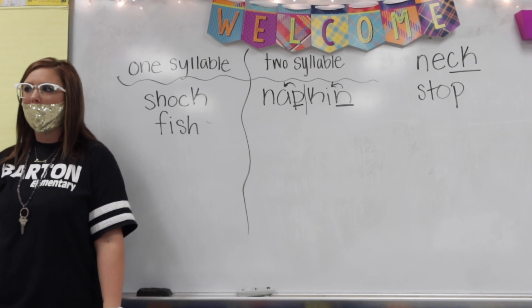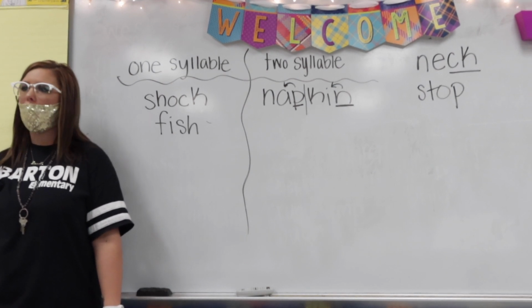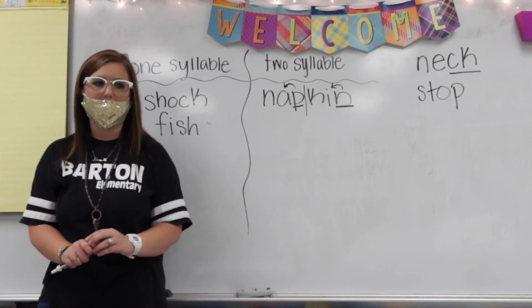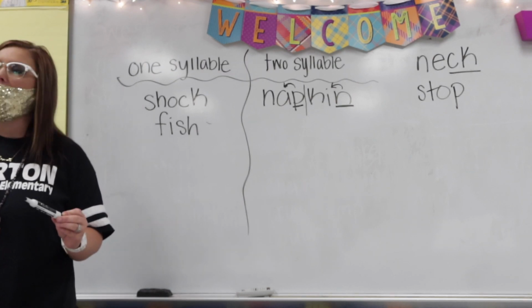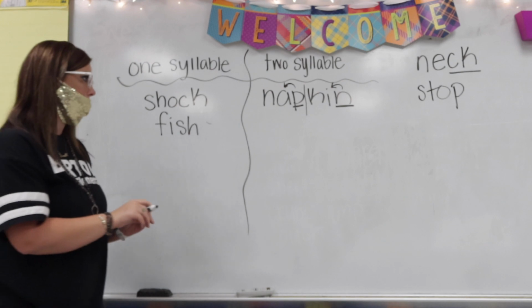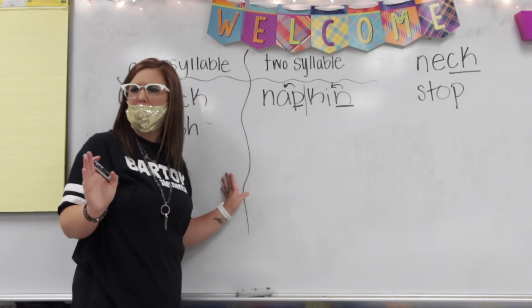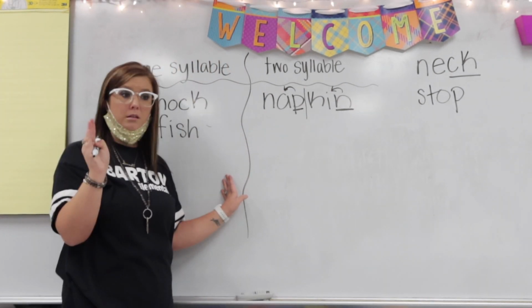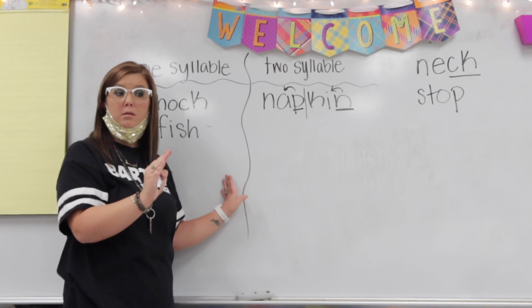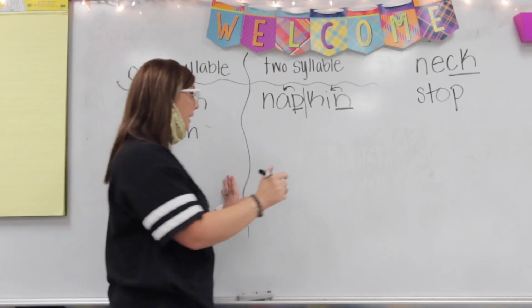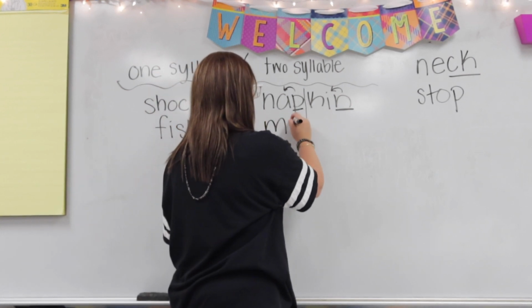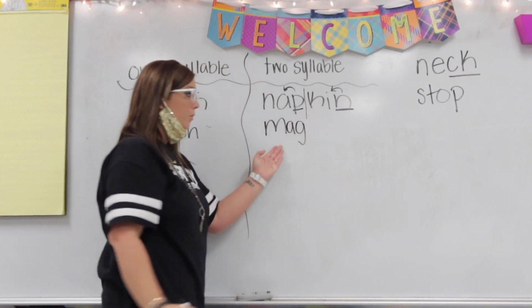Think of magnet. How many vowel sounds do you hear in magnet? Show me your fingers. Two. Magnet. So what is the first syllable in magnet? Who can tell me? Say the first syllable. Mag. Mag is your first syllable, which is a what?